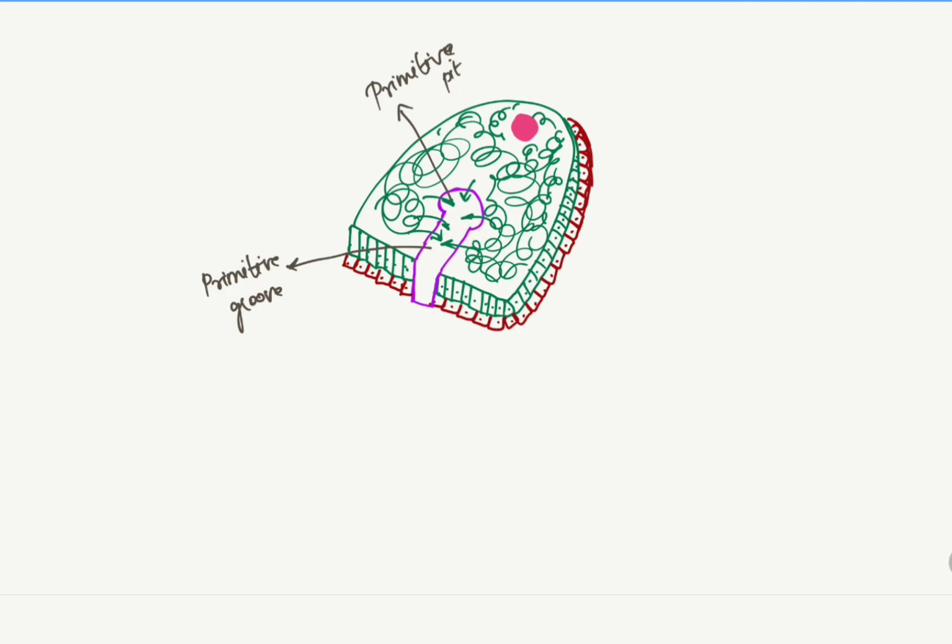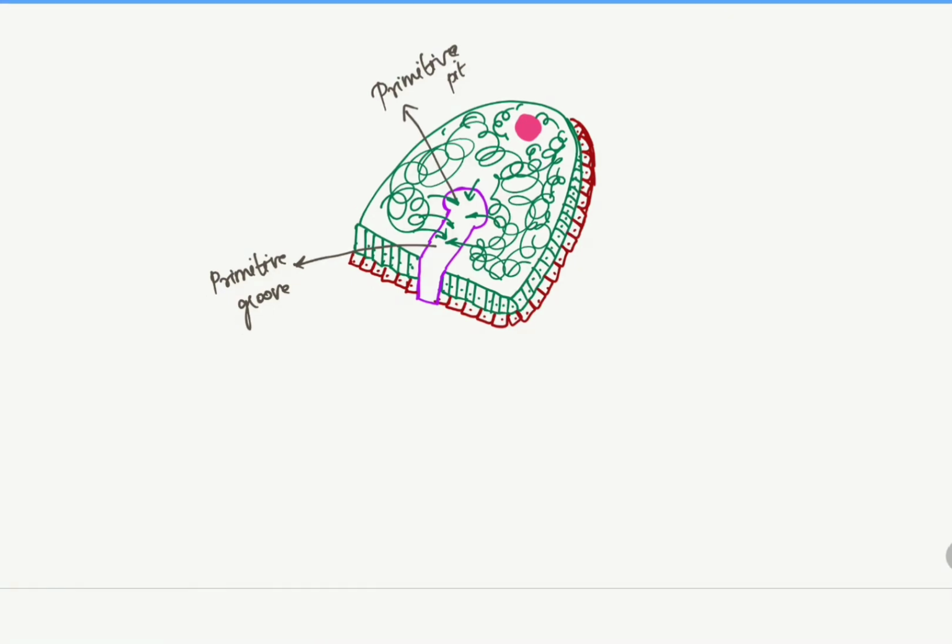To know the reason for the migration of these rapidly proliferating epiblast cells, it is worth knowing that the primitive streak and primitive node cells synthesize a special type of chemical substances which attract the proliferating epiblast cells.